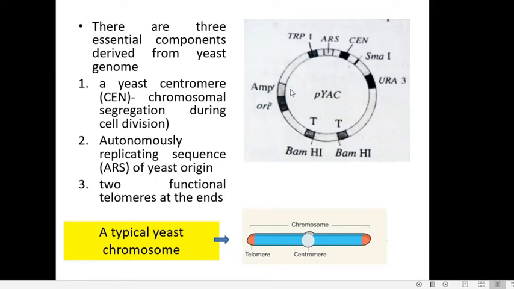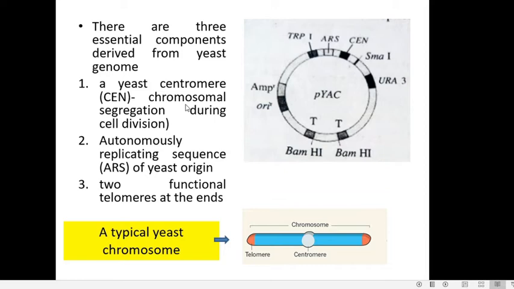So in a YAC, there will be a typical region which is called as the CEN, which behaves as the centromere, which will help in the segregation of this chromosome during cell division, because we are inserting our foreign gene along with this vector, and when this vector replicates, we want our foreign gene also to replicate, and when the host cell divides, the replicated vector will also be distributed into the host cell.